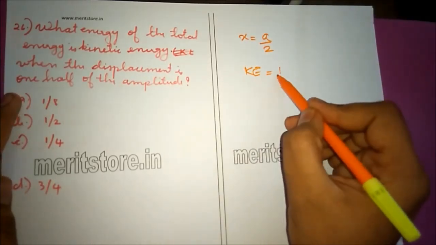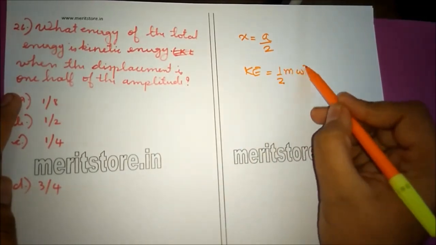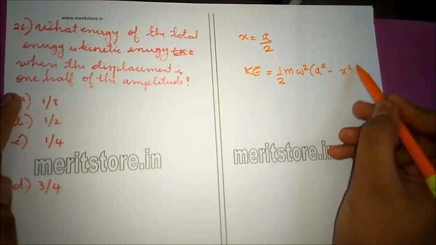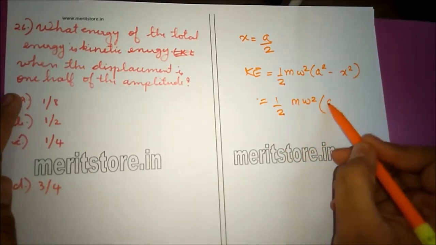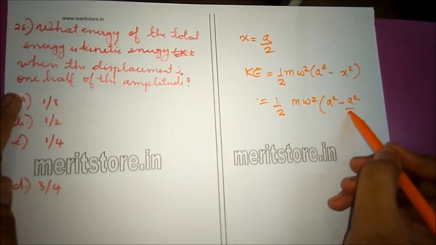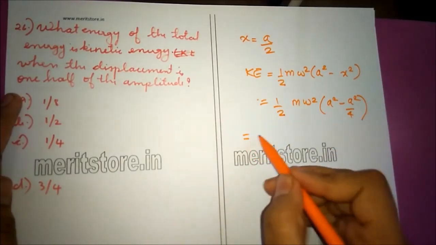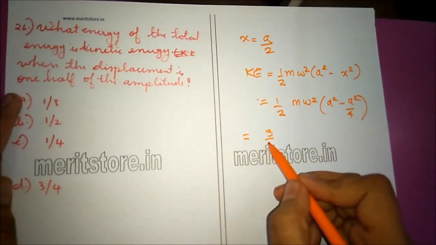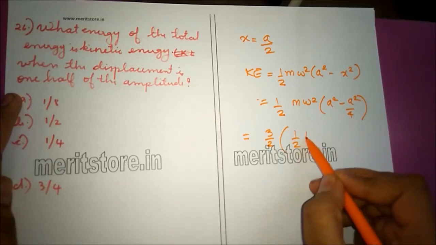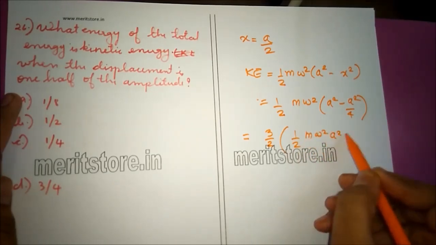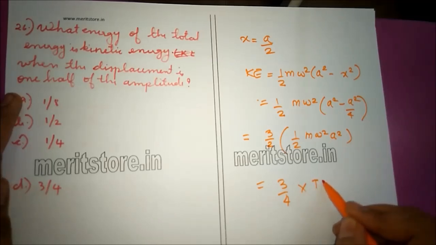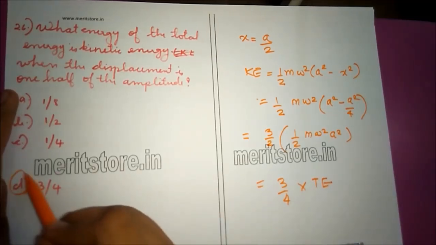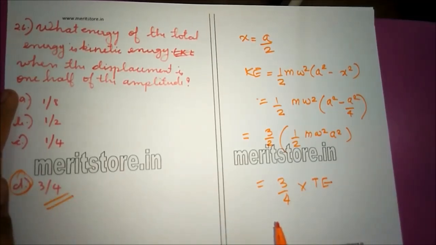Kinetic energy is equal to half m omega square (a square minus x square), which is equal to half m omega square (a square minus a square by 4), which on solving we get 3/2 times 1/2 m omega square a square, which is equal to 3 by 4 into total energy. So option D, 3 by 4 is the correct answer.